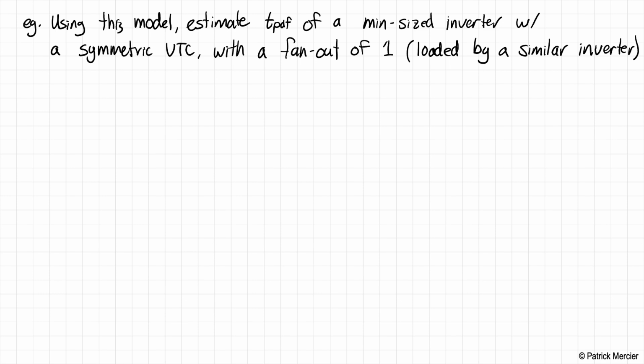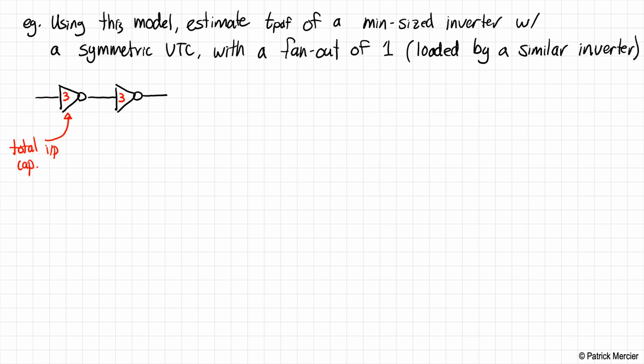Okay, so let's go ahead and draw the top level picture of what we're dealing with here. We have two inverters. Now I'm going to label the insides of the inverters with a number, 3. This refers to the total input capacitance.